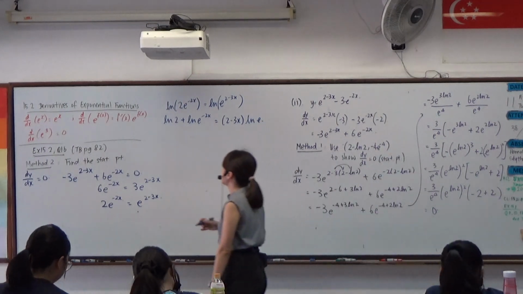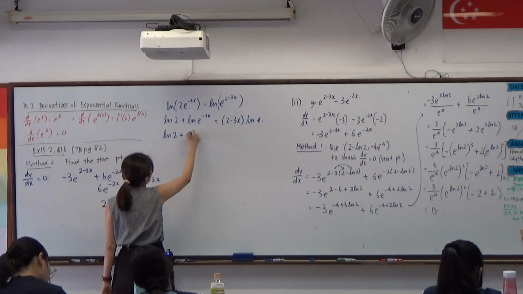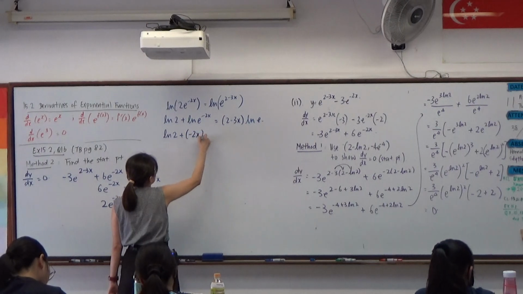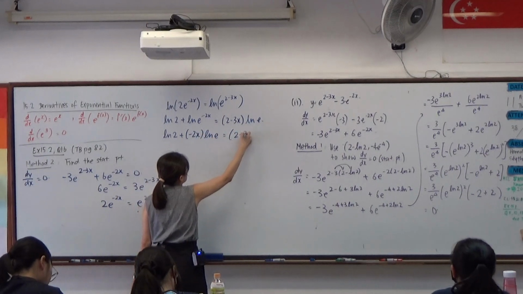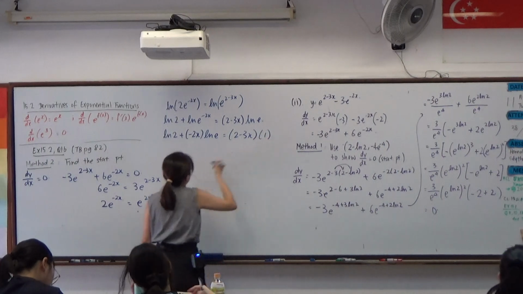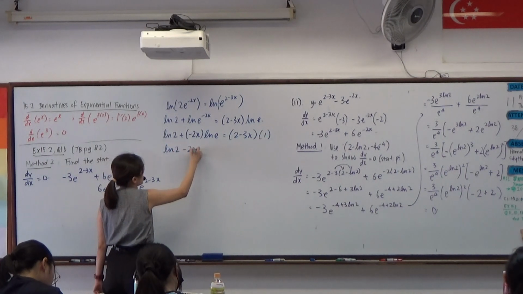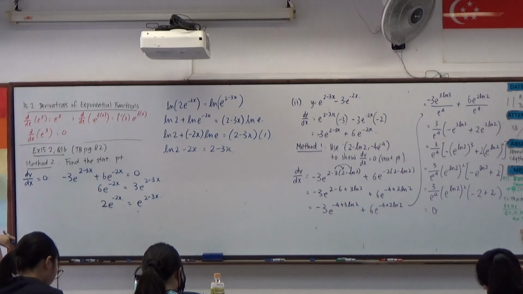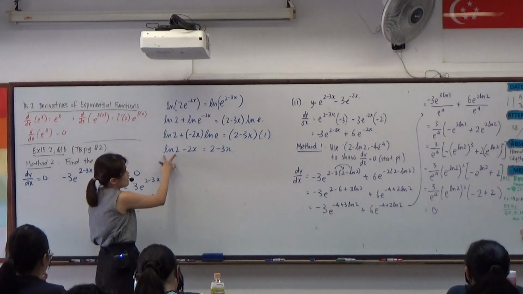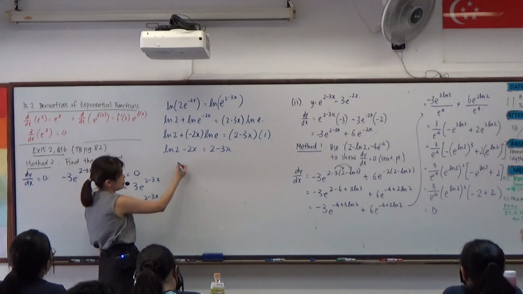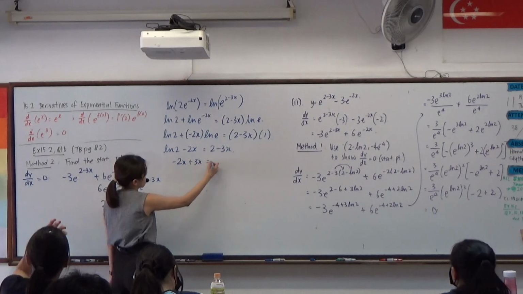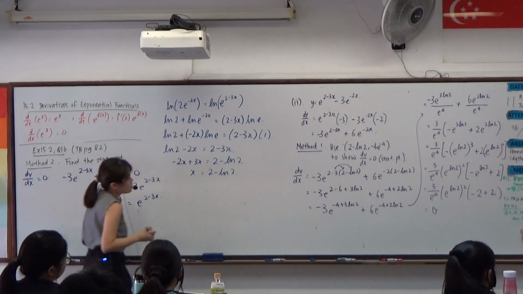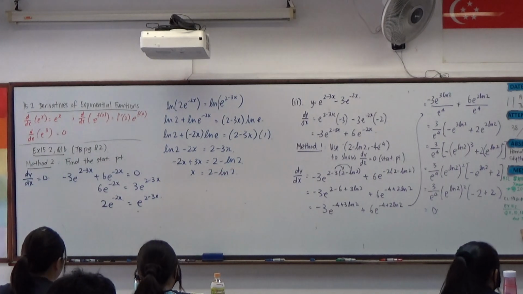Okay, then the power is being brought down, and we know that ln e is 1. So ln 2 minus 2x equals 2 minus 3x. Ln 2 is in itself, there's no brackets around here. And we solve that x is equals to 2 minus ln 2.